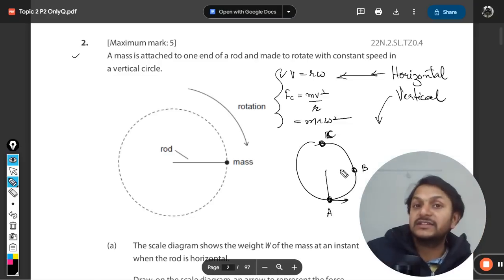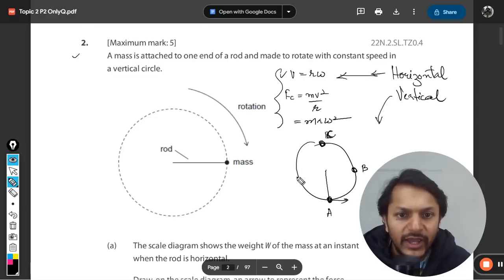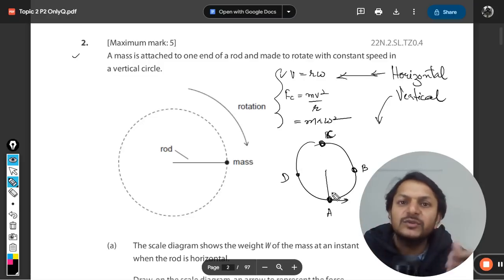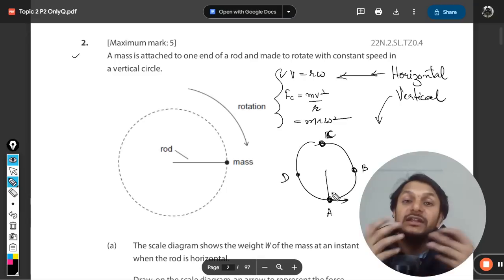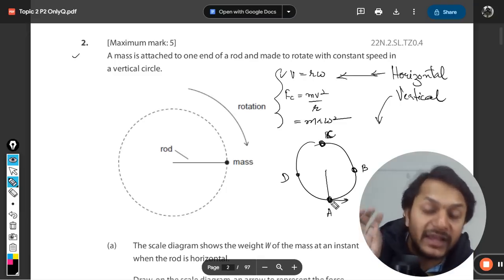Gravity is acting against it, and so the velocity keeps on decreasing. And when it comes from C to A via D, the acceleration is positive, and so the velocity increases. So the velocity becomes minimum at C and the velocity is maximum at A.